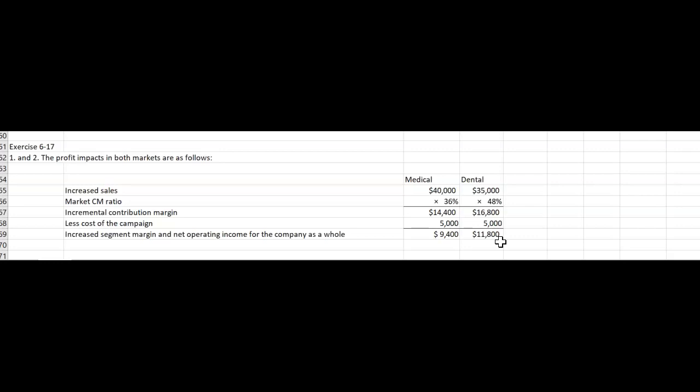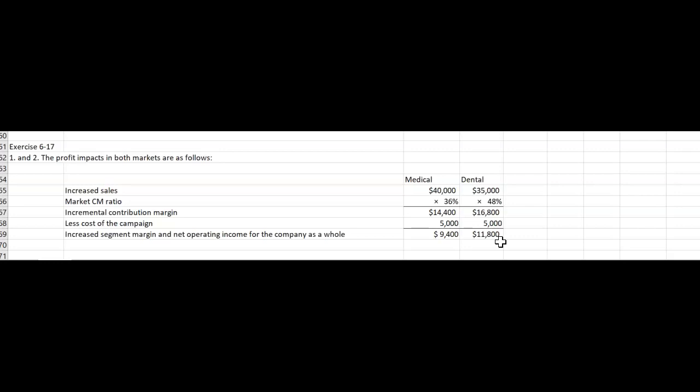Because we are breaking it down, we will see a change in the traceable fixed expenses. So of the $33,000, $12,000 was traceable to the medical market and $21,000 was traceable to the dental market. So what happened to the remaining $15,000? The traceable fixed cost for the Minneapolis office was $48,000 in the problem above.